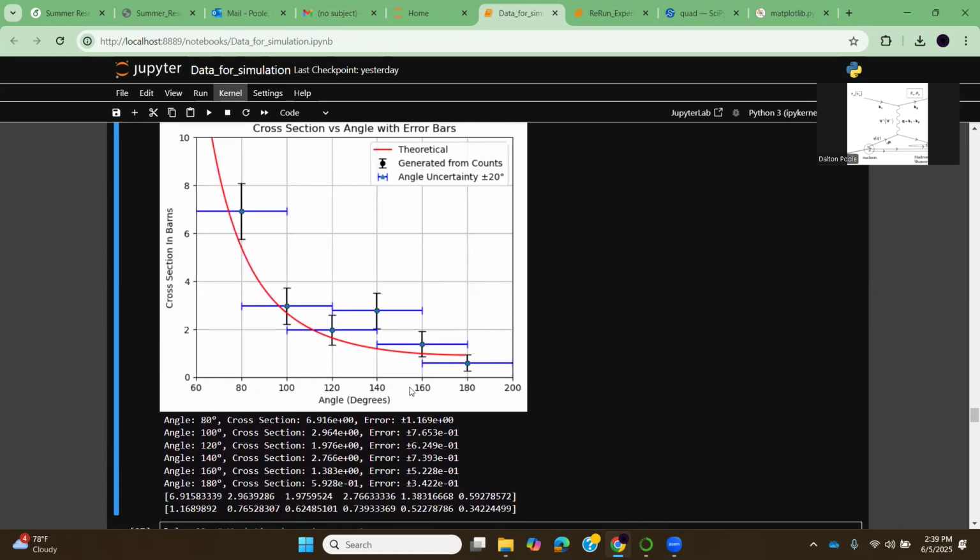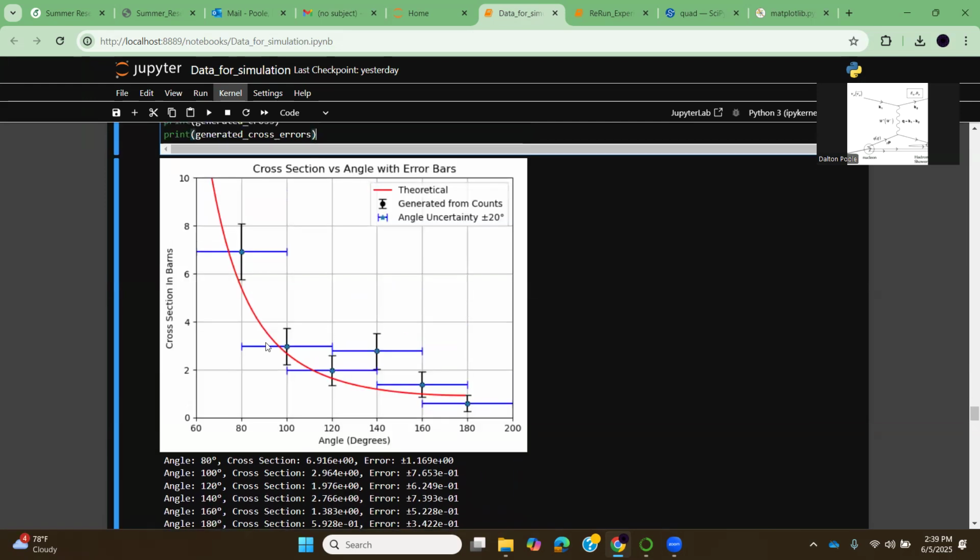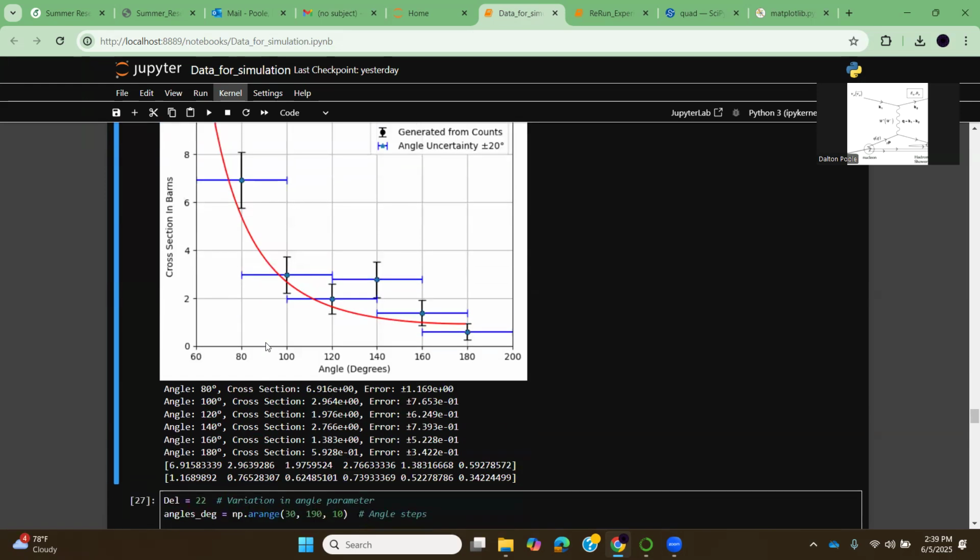So what this is telling us is that if we were to run an experimental simulation using what's called Poisson distributions for experimental count rates, we would have a lot of error in the forward angles. Basically, anything less than 60 degrees we saw on this graph before we zoomed in on the lower error regions, we would have a crap ton of error in those lower regions.